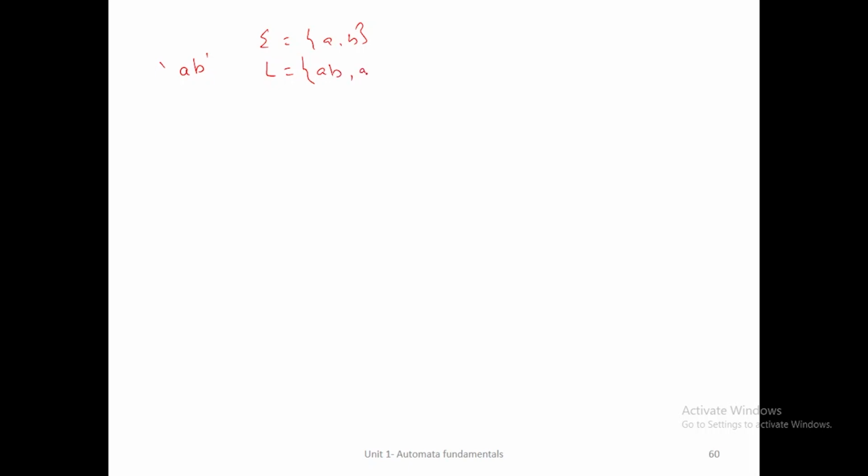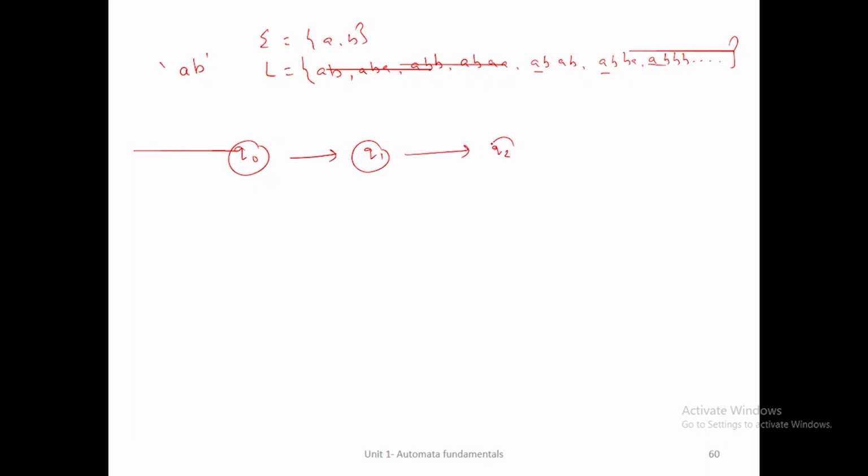So it may be AB, or ABA, or ABB, or ABAA, ABBA, ABBB, like that. All strings should start with AB. So I draw the diagram. It's already available, and later we can draw this diagram by our own method. This is the simple model.